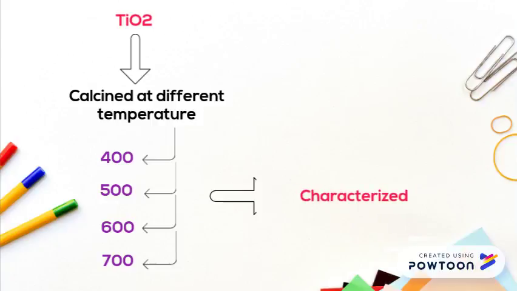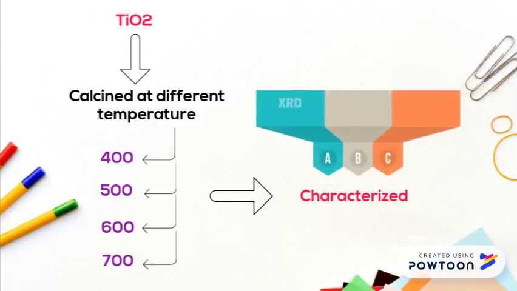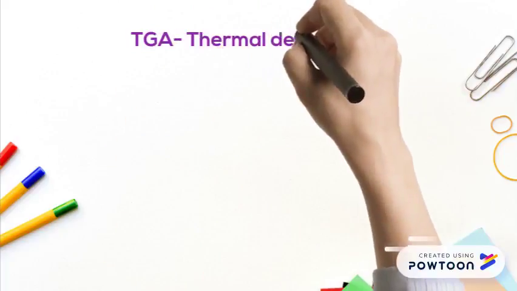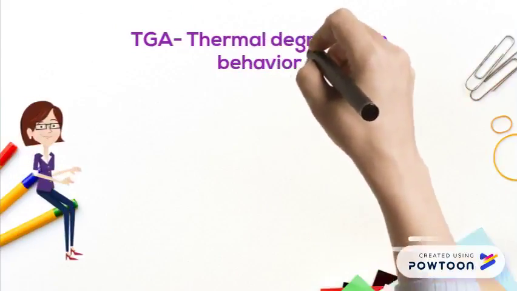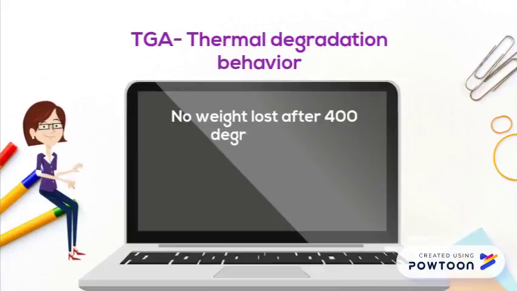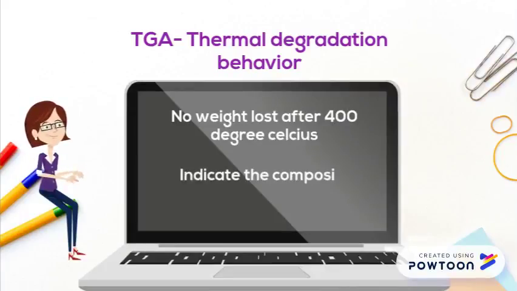The titanium dioxide was characterized by XRD, BET, FESEM, TEM, TGA and UV-Vis. We can see the observation of the thermal degradation behavior. There is no weight loss on TGA after 400 degrees Celsius, which indicates the decomposition of the titanium dioxide precursor has completed.